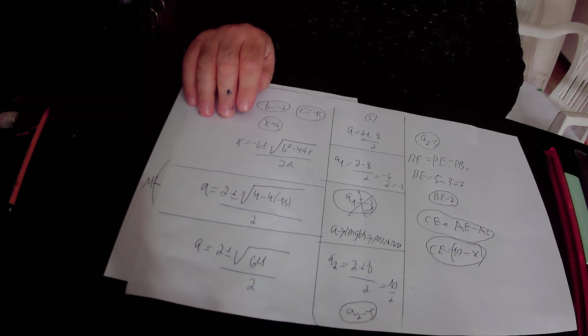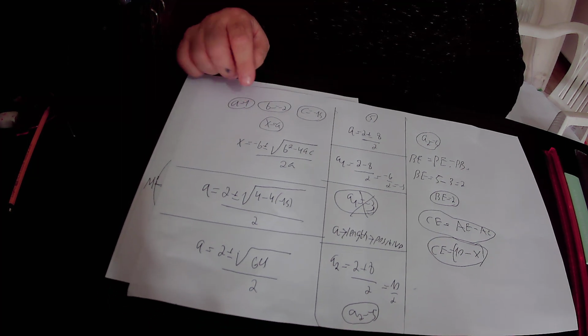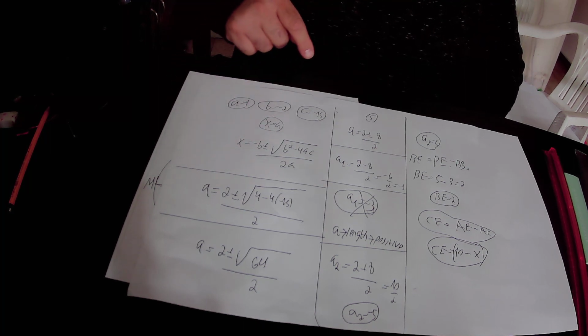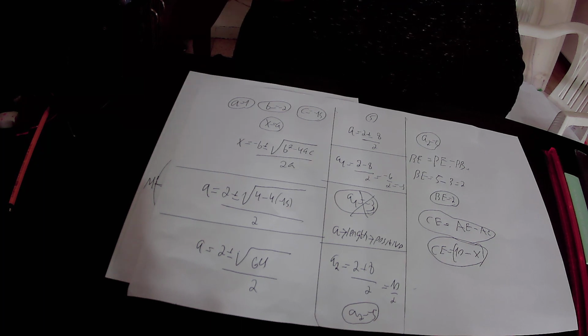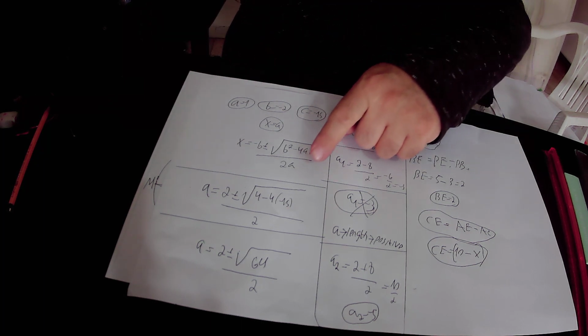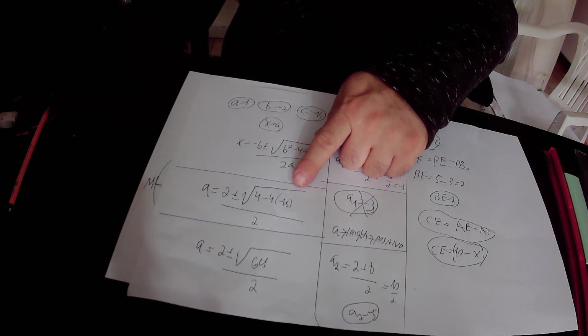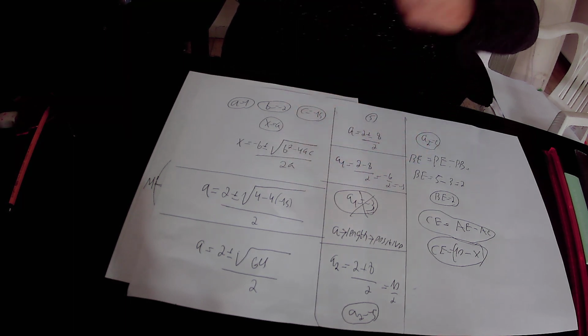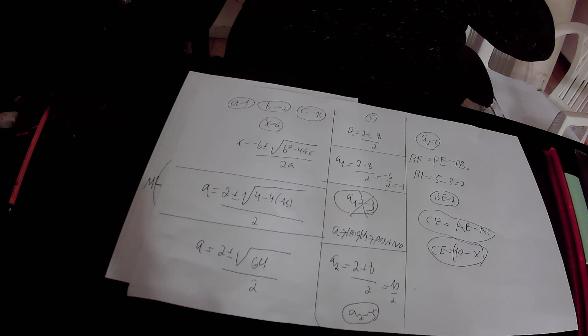Here, b equals minus 2, so minus b is 2, plus or minus the square root of b squared, minus 2 squared, that is 4, minus 4 times a, which is 1, times c, which is minus 15, over 2a. a is 1, so 2 times 1 is 2.